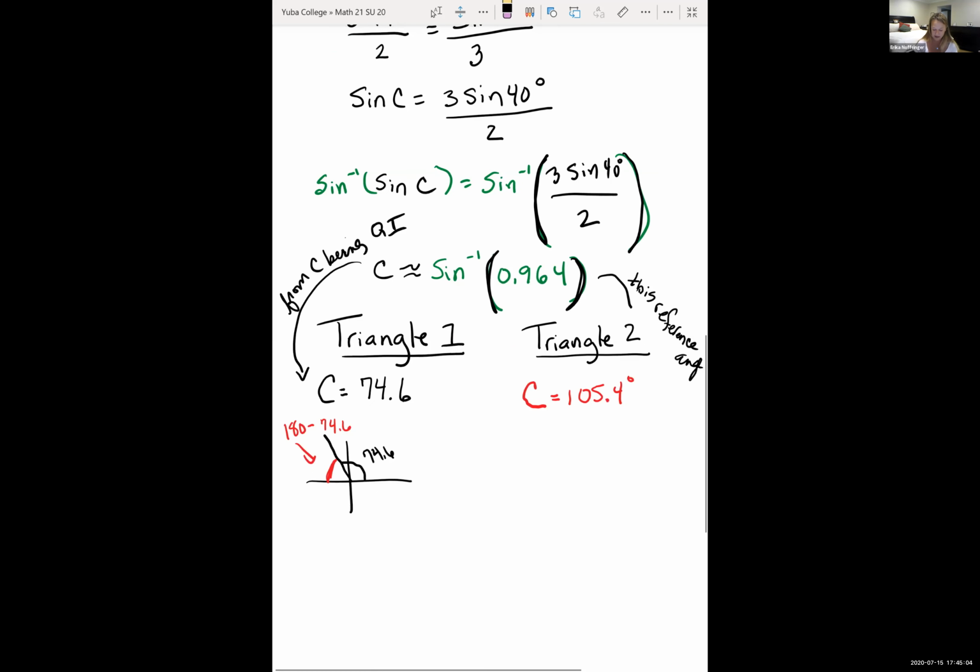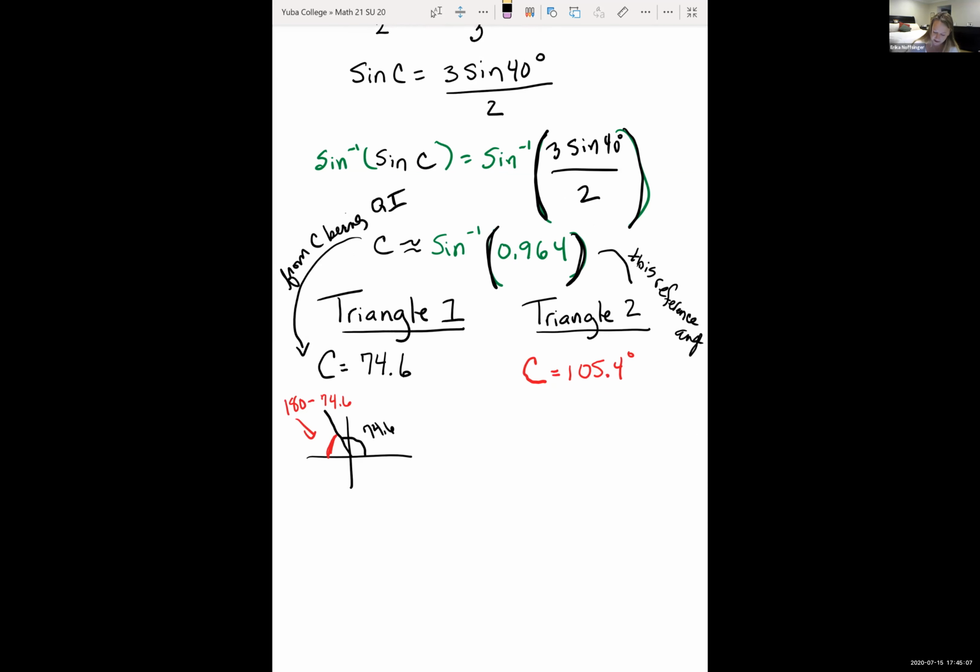So for triangle 1, A is going to be 180 minus B, which we were given was 40 degrees, minus C, which we just found to be 74.6 when it was in quadrant 1. 180 minus 40 minus 74.6 gives us approximately 65.4 degrees.